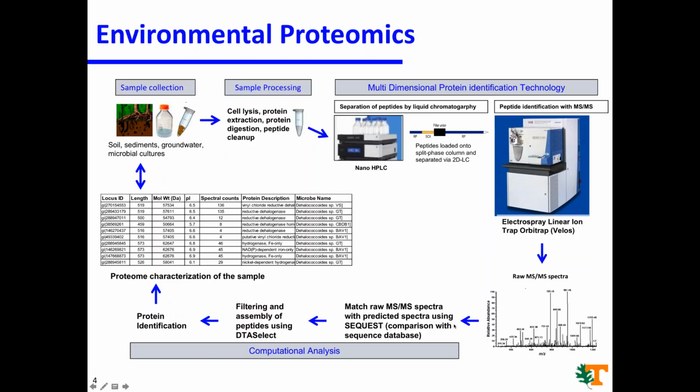And then there's a computational pipeline that helps us identify and assign these different peptides to specific genes and proteins that can then be recognized. So for example, we would see all of the D-glucocoides proteins that were present in the sample that was collected from a groundwater. Okay, so this is in principle the process.